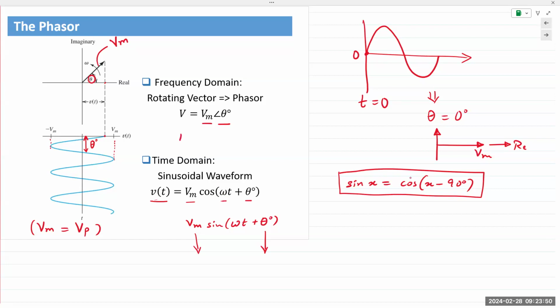If it's current, the phasor for I can be written as Im with a phase angle of theta, whatever that angle value may be. Omega is not part of that description. Omega is the speed at which the vector is rotating in the frequency domain.